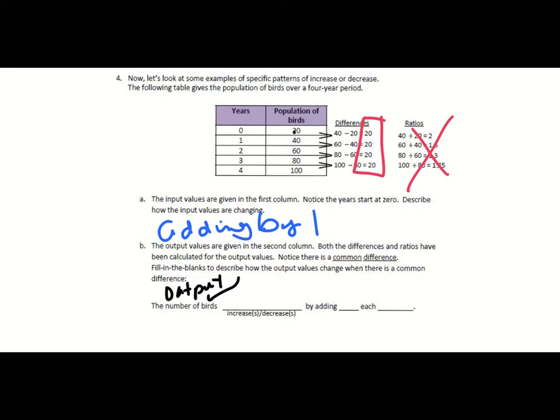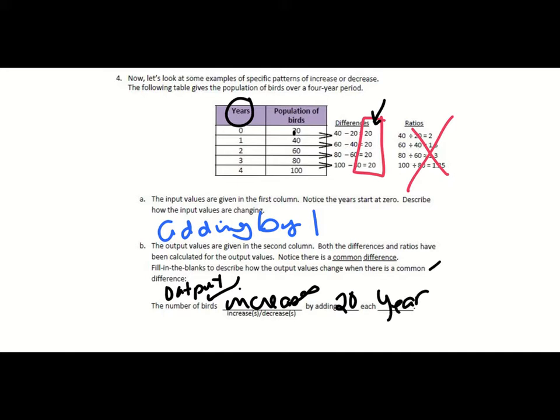And in this case, since these are getting bigger, 20, 40, 60, 80, 100, you have to ask yourself, are those increasing or decreasing? They're getting bigger. So those are increasing. The number of birds increases by adding whatever our common difference is, 20 each year.